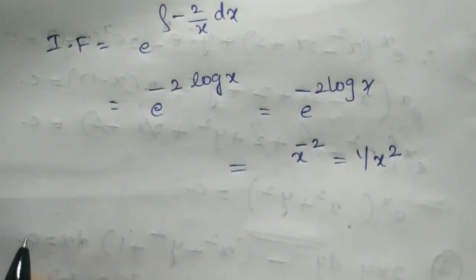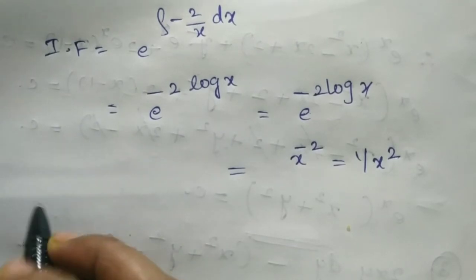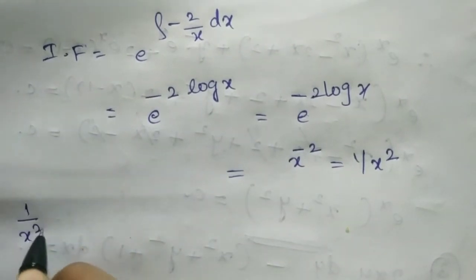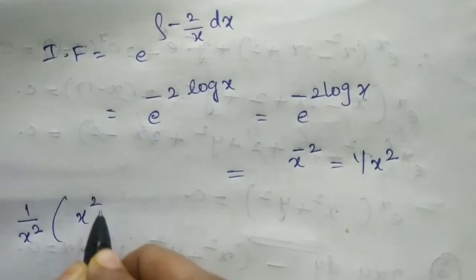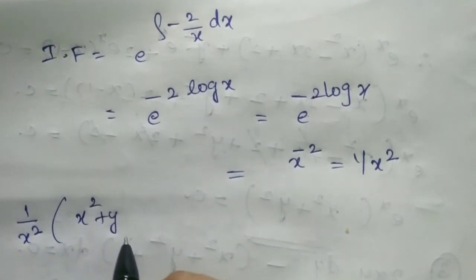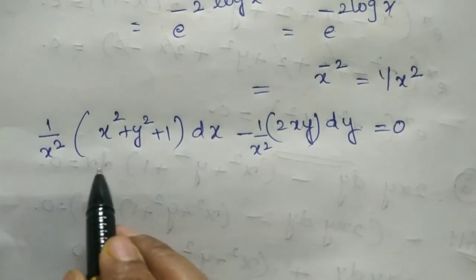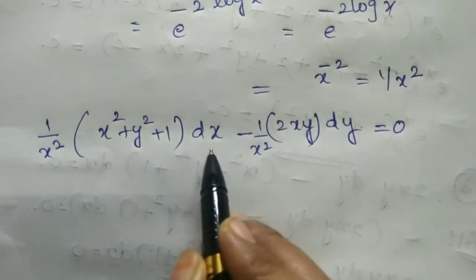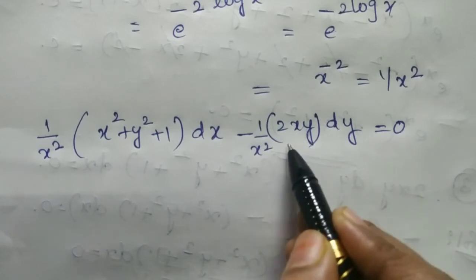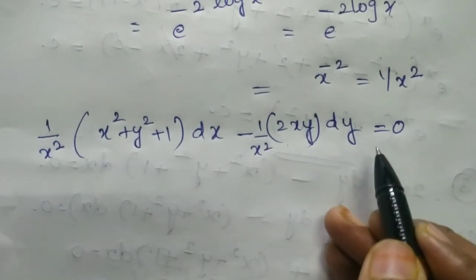So multiplying by this integrating factor, 1 by x square of x square plus y square plus 1 dx minus 1 by x square of 2xy dy equal to 0.